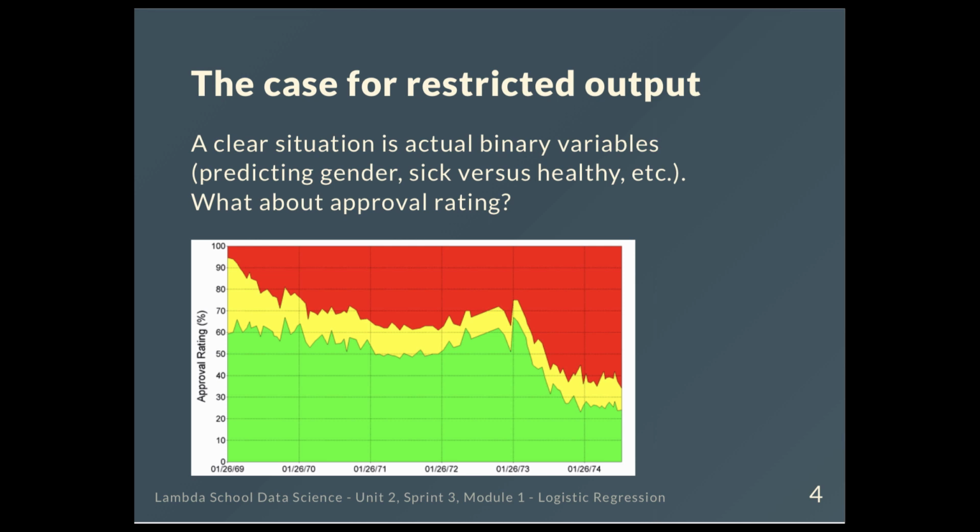Now you might think, well, these numbers, they're values, right? Approval rating ranges from about as low as 20 up to almost 70, and the other values have ranges themselves similar to that.